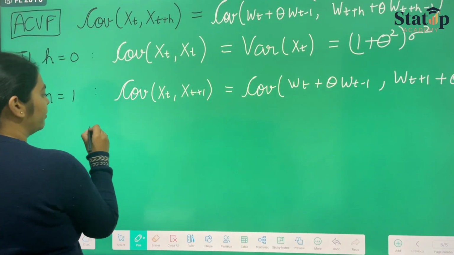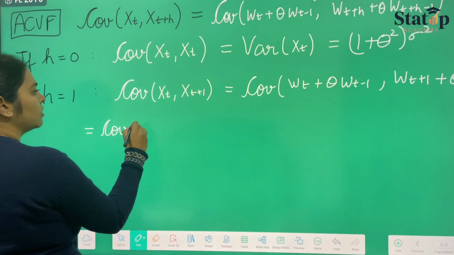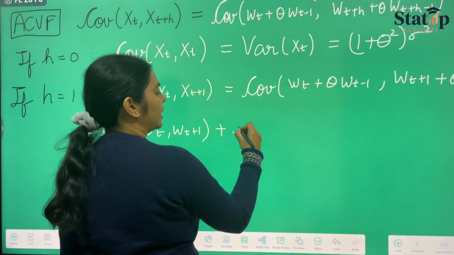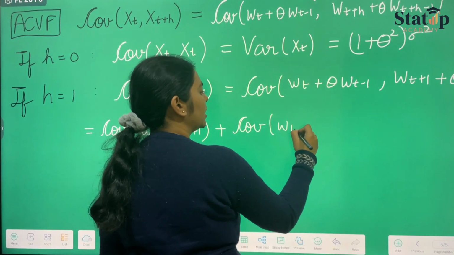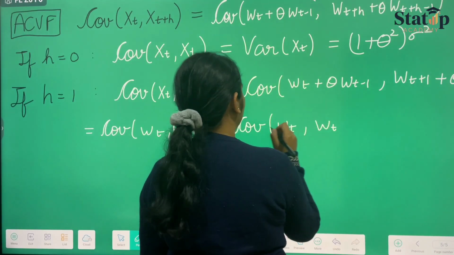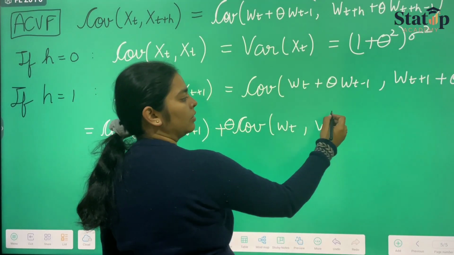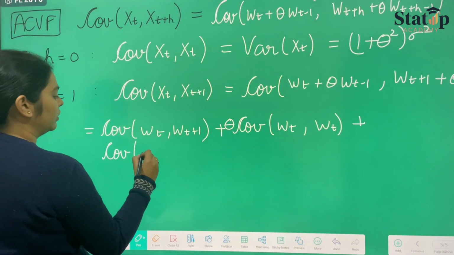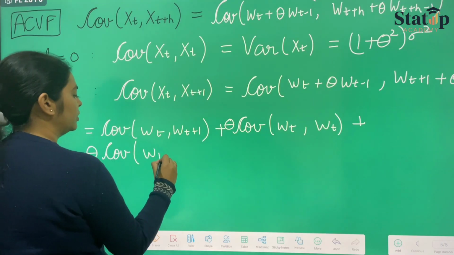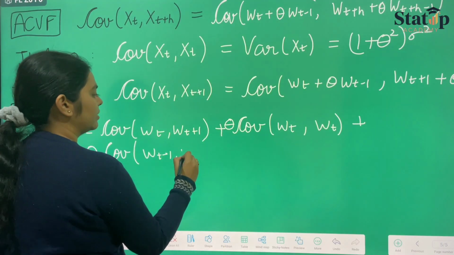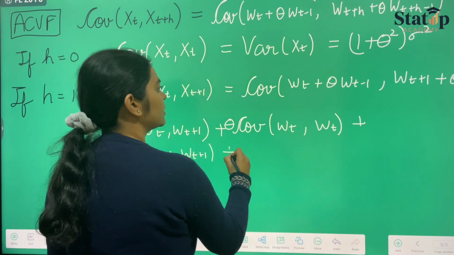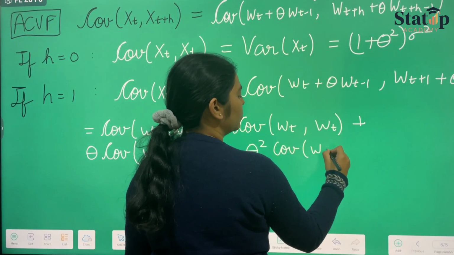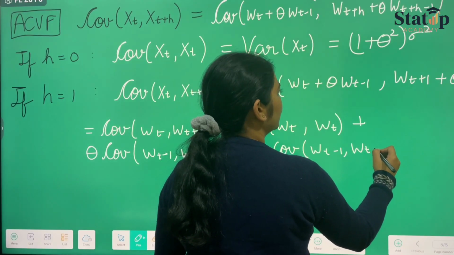Now I am writing covariance terms. Covariance between wt and wt plus 1, first one. Second one would be covariance between wt and theta wt, theta comes outside here. Plus theta comes outside, covariance between wt minus 1 and wt plus 1. Plus theta comes outside of both of them, it will become theta square, covariance between wt minus 1 and wt.